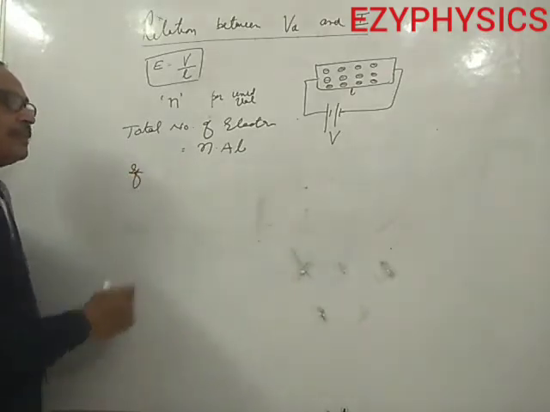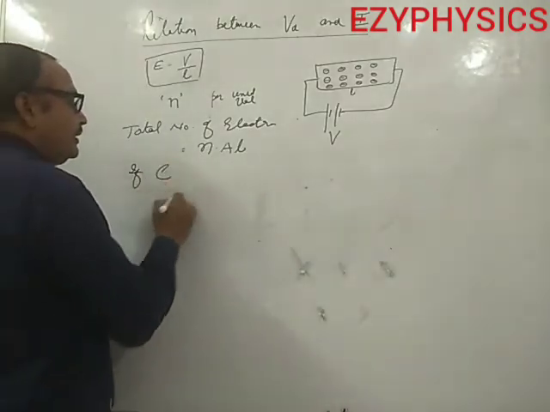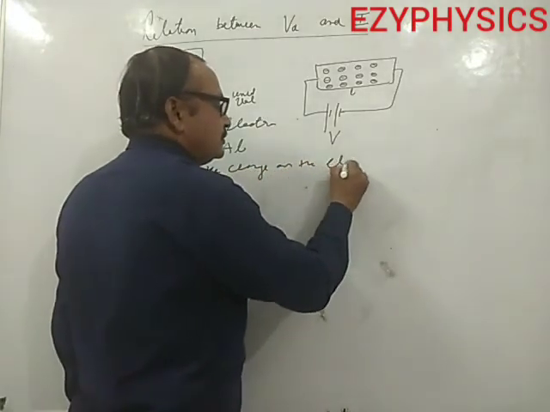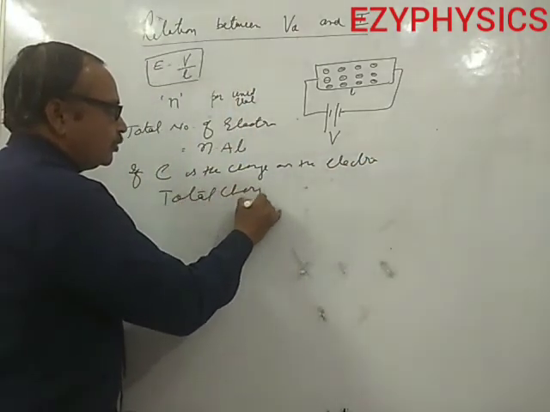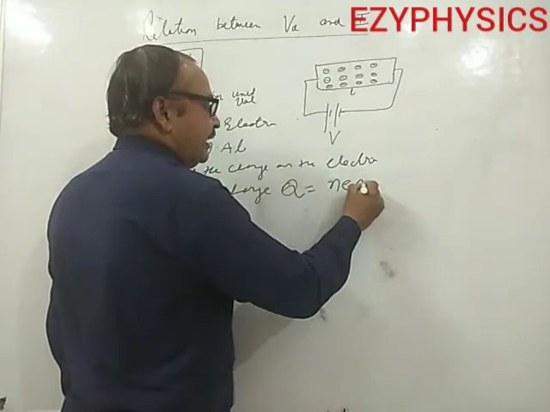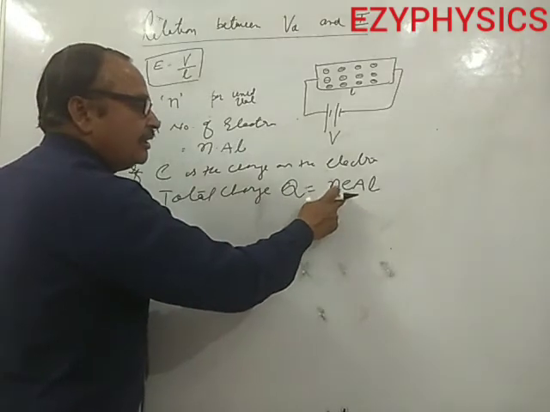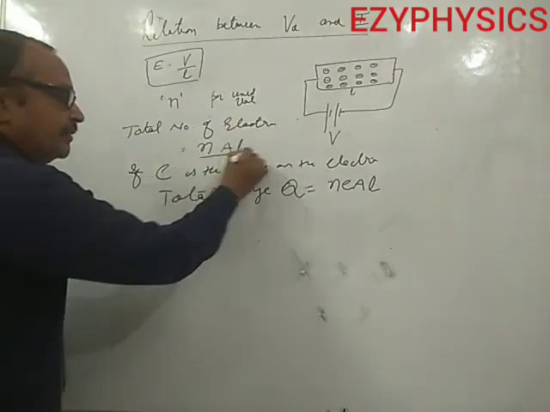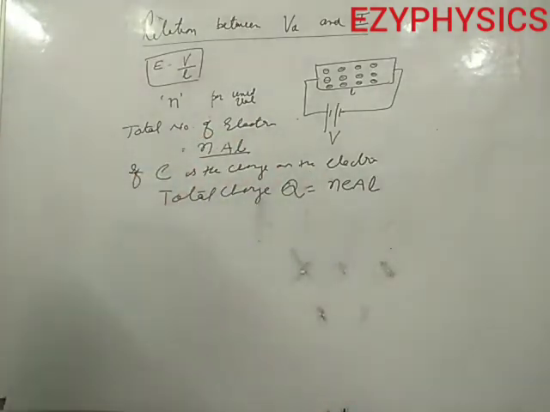Now every electron, as you know, has a charge E. If E is the charge on the electron, then the total charge Q will be equal to N into E into A into L, because the total number of electrons is N A L, and every electron carries charge E, so we multiply by E. As simple as that.